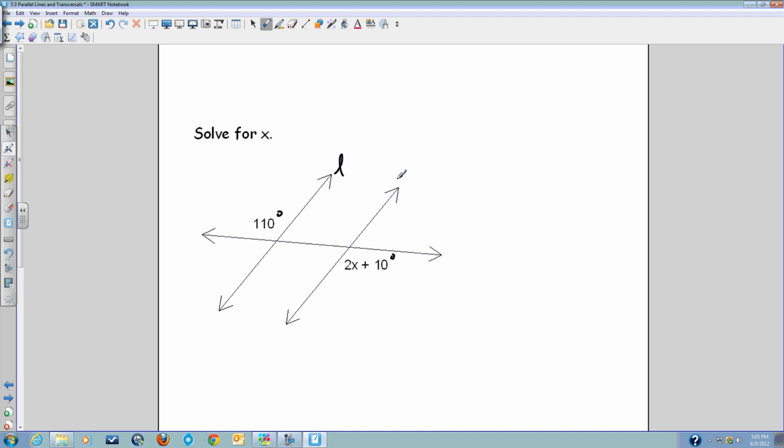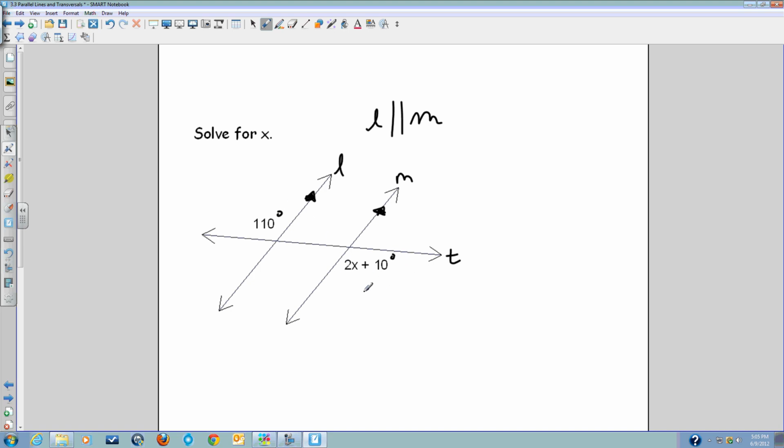Let's call these lines L and M and transversal T. I'm going to tell you that line L is parallel to M. That's essential information before we do anything else. So we have two parallel lines cut by a transversal. And when two parallel lines are cut by a transversal, the alternate exterior angles are congruent.